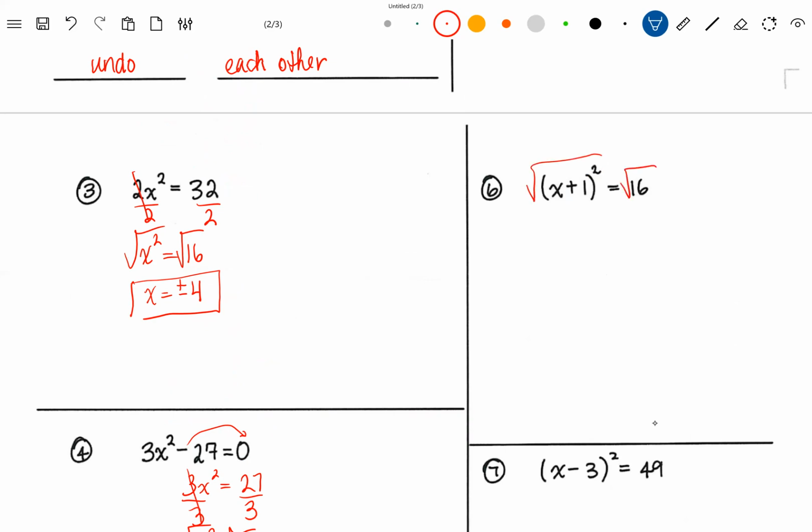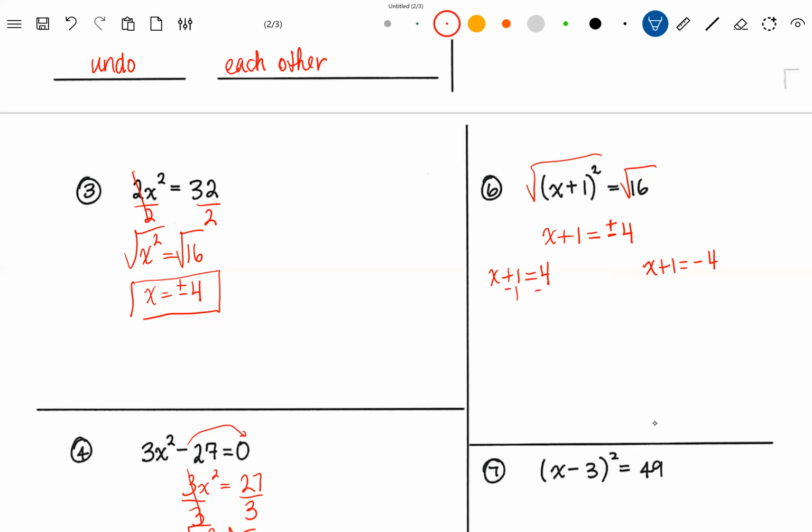When I square root that square, they cancel and I'm left with x plus 1. And then the square root of 16 is positive and negative 4. So what this tells me is x plus 1 equals positive 4 and x plus 1 equals negative 4. Those are my two solutions.